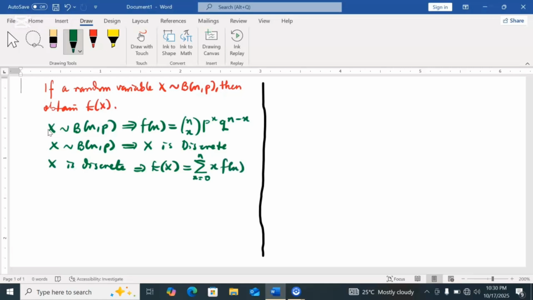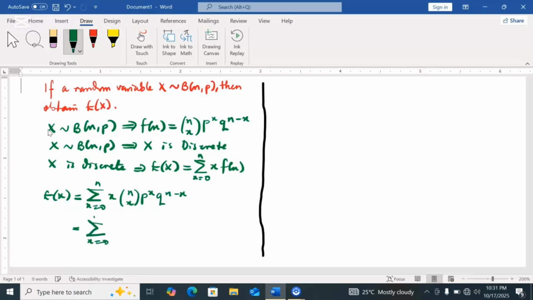Okay, so noting these three things, we can now see that the expectation of X, for this particular random variable X being binomially distributed, will be summation from x equals 0 to n of x times what f of x is, in this case n combination x, p raised to power x, q raised to power n minus x. The next thing I'm going to do will be to continue in this manner.